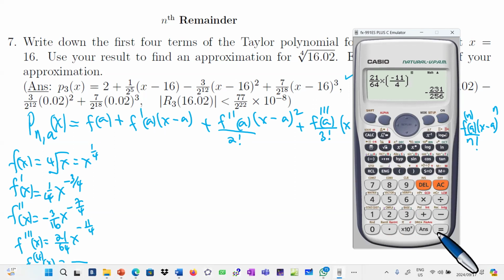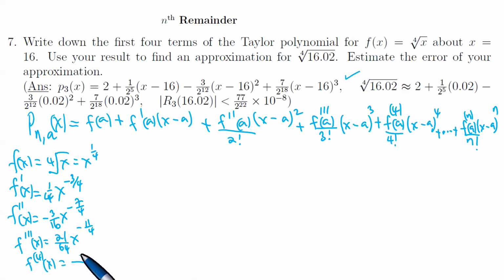Okay, and this is minus 231 over 256. Minus 231 over 256 times minus 15 out of 4.